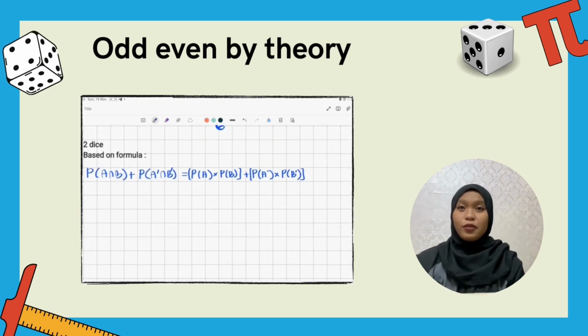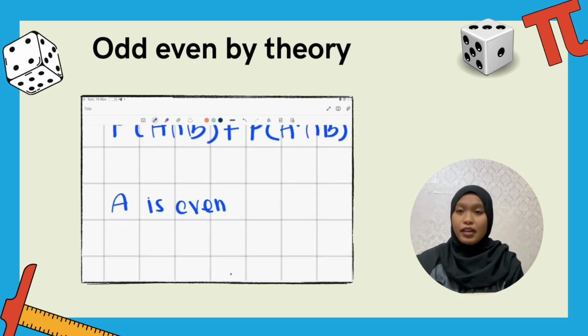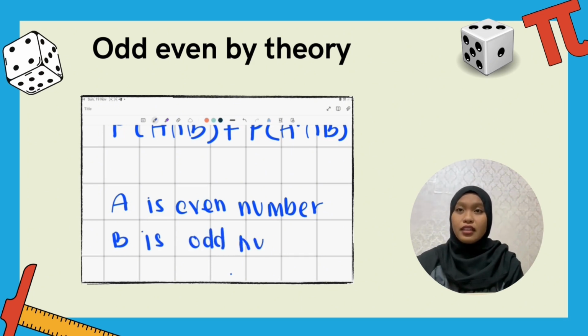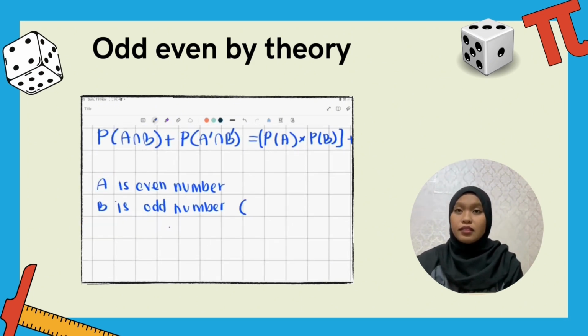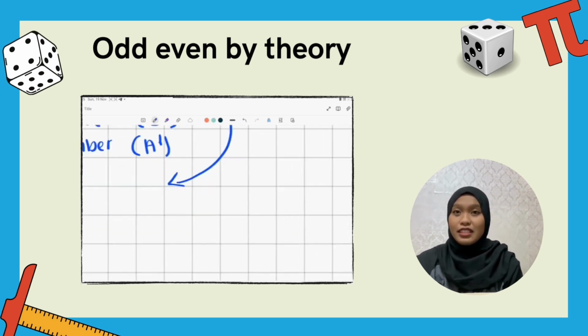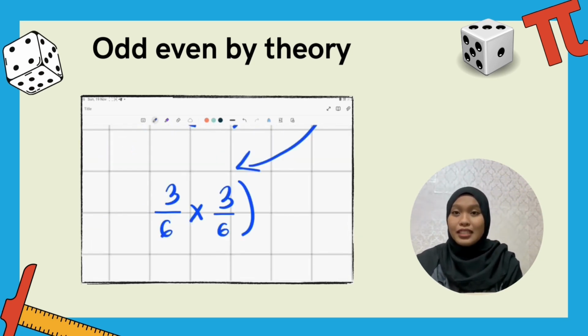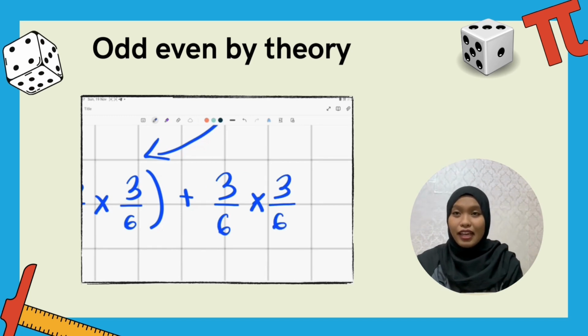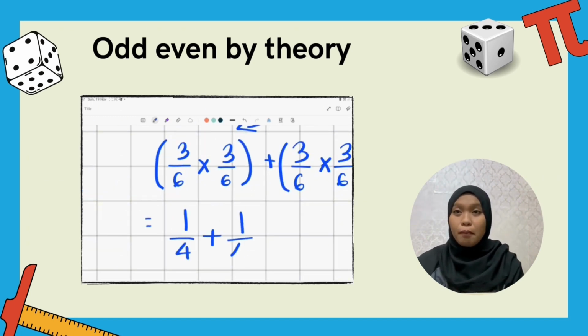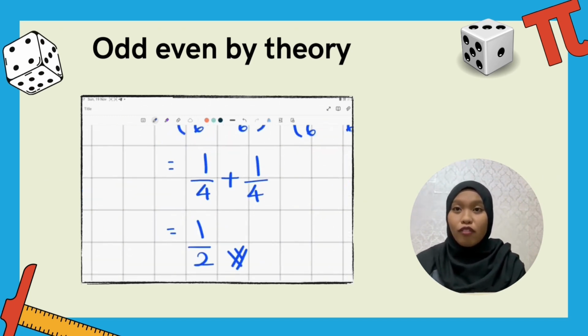From this formula, we can assume that A is an even number and B is an odd number for this experiment, so A prime is an odd number and B prime is an even number. So 3 over 6 multiplied by 3 over 6 plus 3 over 6 multiplied by 3 over 6 equals 1 over 4 plus 1 over 4 equals 1 over 2.